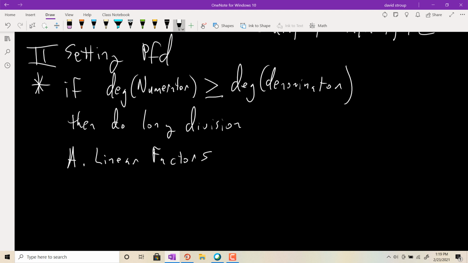Okay. From pre-calculus, you may have learned that any polynomial can be factored into linear factors, which look like this, and irreducible quadratic factors.